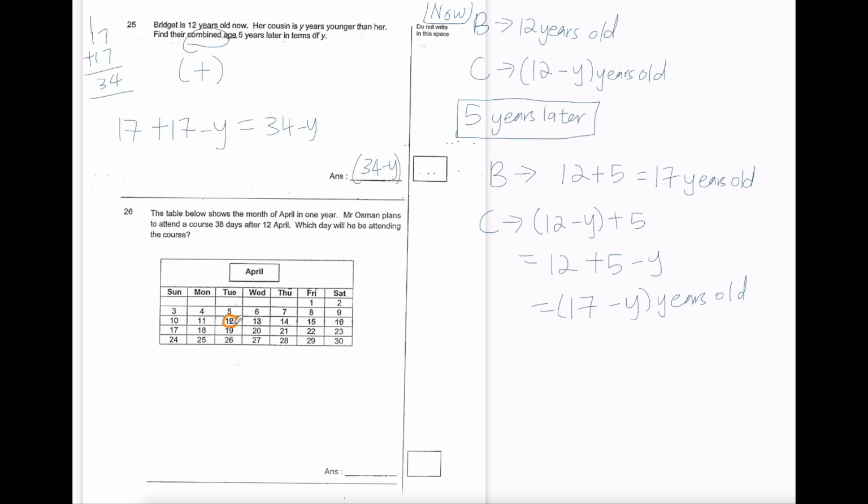So let's count together, okay? 1, 2, 3, 4, 5, 6, 7, 8, 9, 10, 11, 12, 13, 14, 15, 16, 17, 18, 19, 20, 21, 22, 23, 24, 25, 26, 27, 28, 29, 30, 31, 32, 33, 34, 35, 36, 37, 38. So on the 38th day, it will be a Friday. And that's how we get our answer in less than a minute.